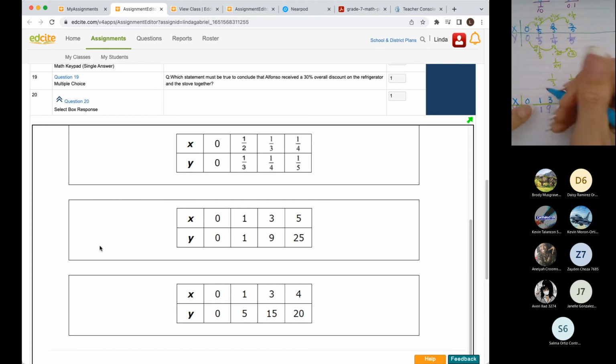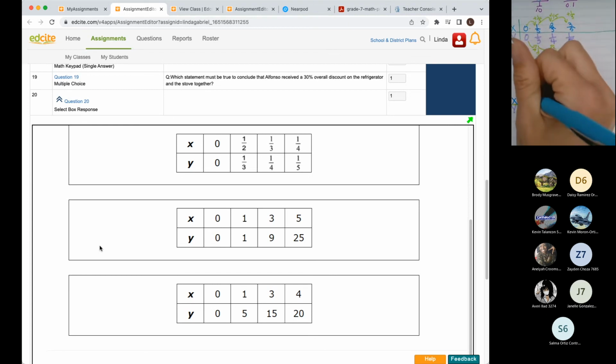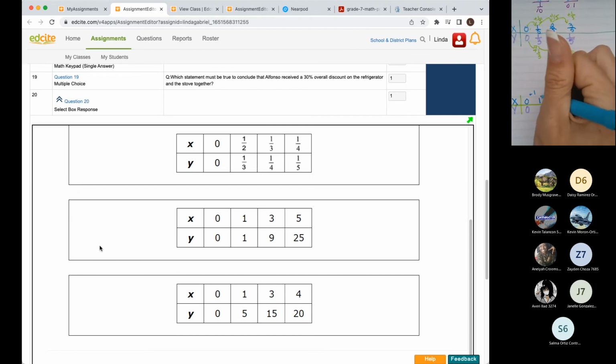All right, so I have 0, 1, 3, and 5. From 0 to 1, I have +1. From 1 to 3, how did I get that? I either have +2 or -3. To get to 5, I have +2.